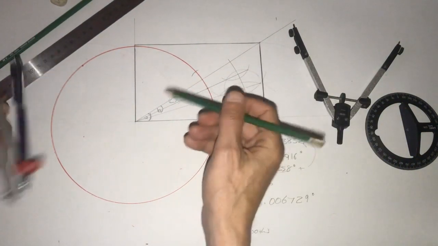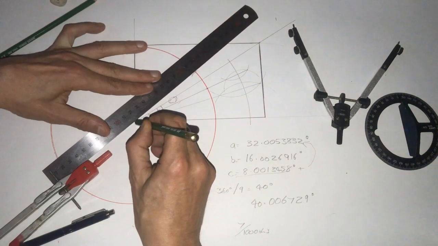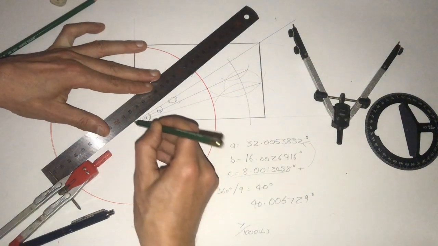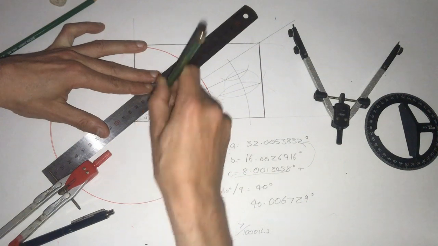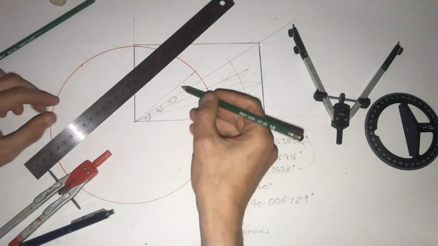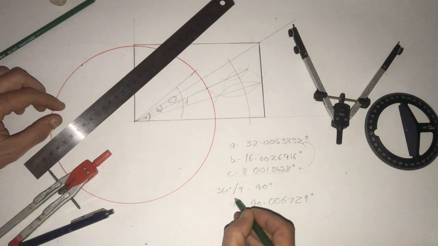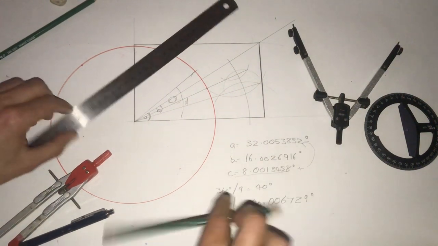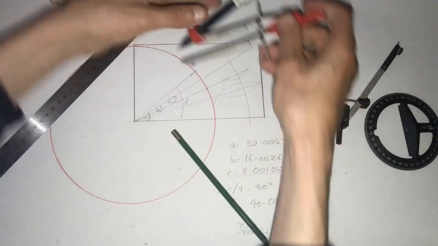So if drawn properly, this angle D would be 40.0067 degrees.